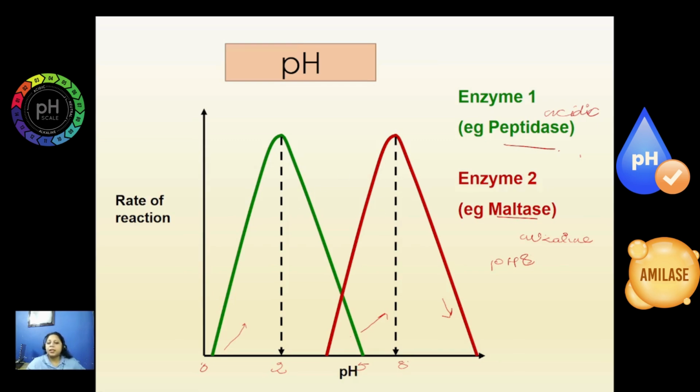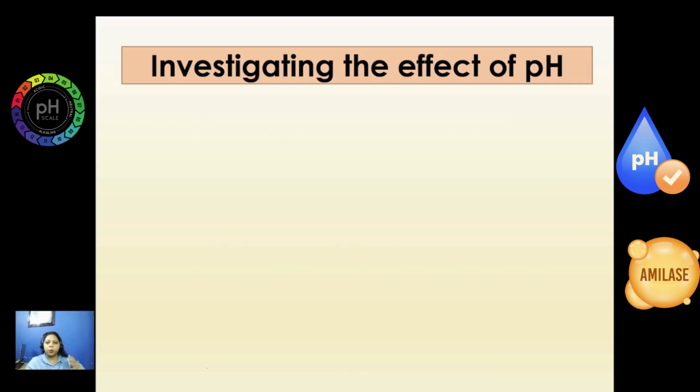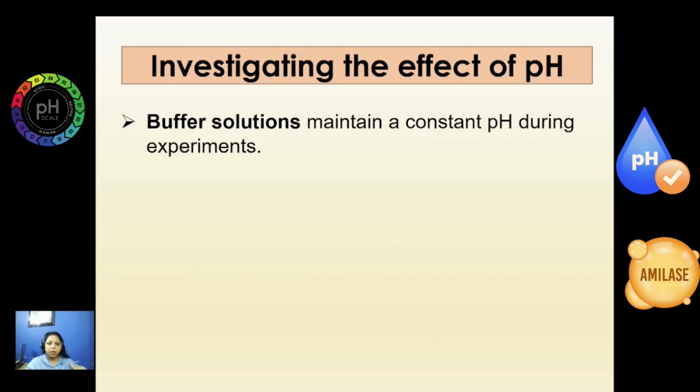Now let's discuss what we need to keep in mind when we investigate the effect of pH on enzyme activity. We have to maintain a buffer solution, because in the previous slide we discussed that every enzyme has a specific pH, and that pH needs to be maintained. What is a buffer solution?